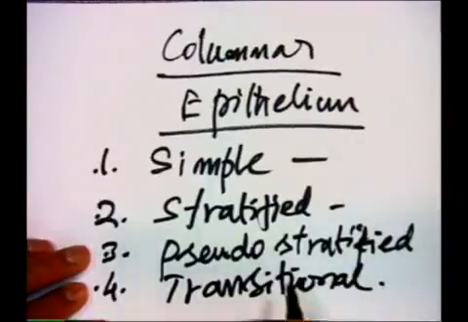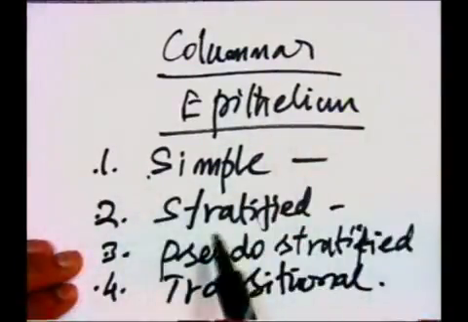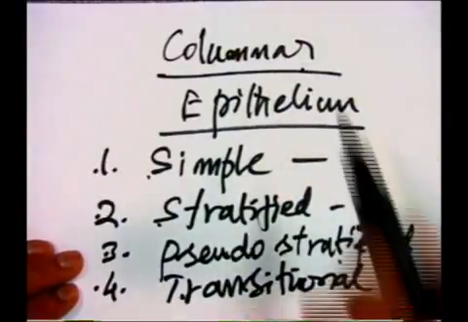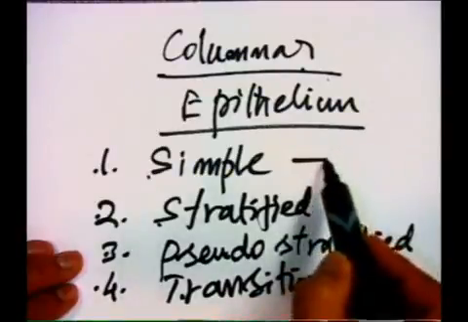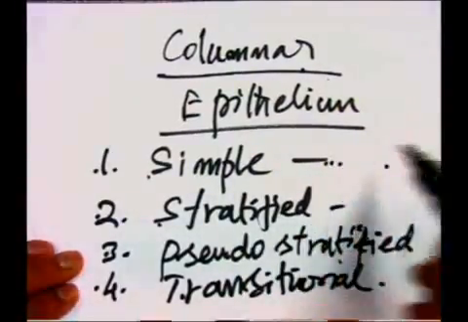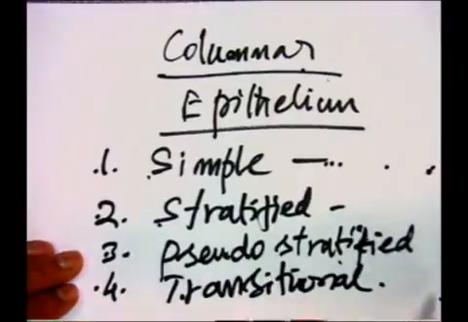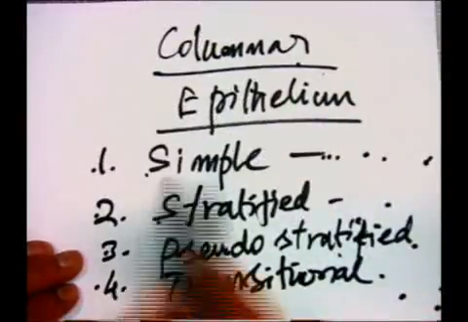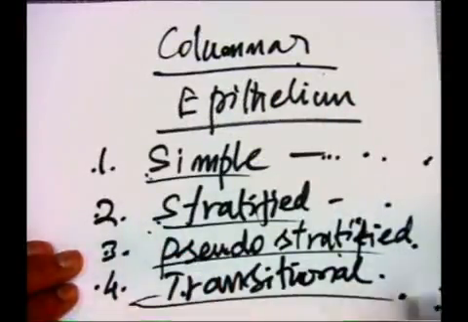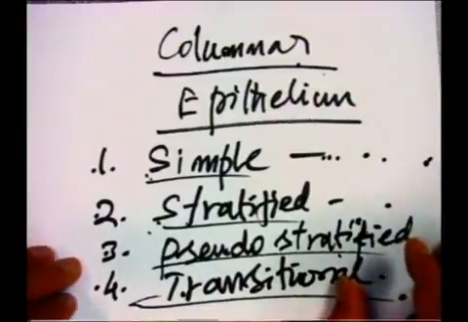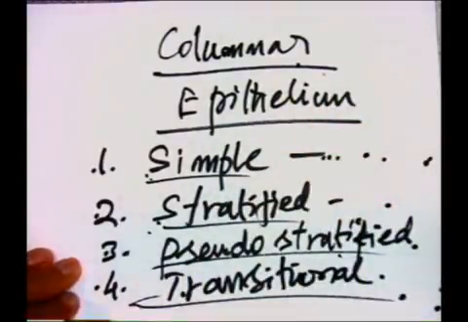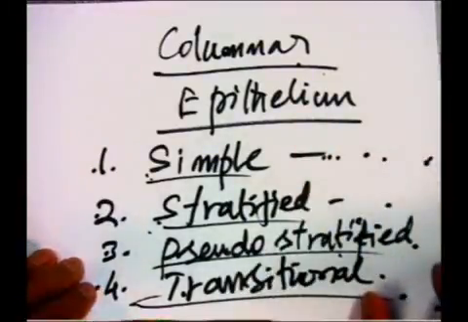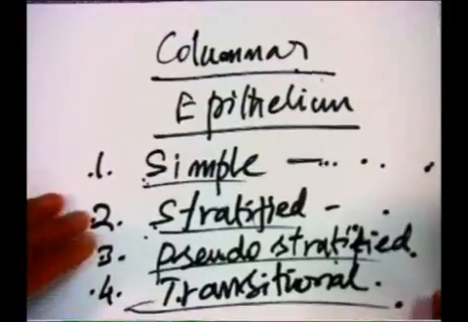So: simple columnar epithelium, stratified columnar epithelium, pseudo-stratified columnar epithelium, transitional columnar epithelium. The last name is epithelium for all 4, the middle name is columnar, and the first name varies: simple, stratified, pseudo-stratified, and transitional. You will see their characteristics one by one.